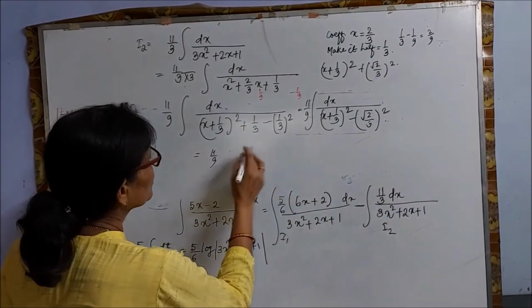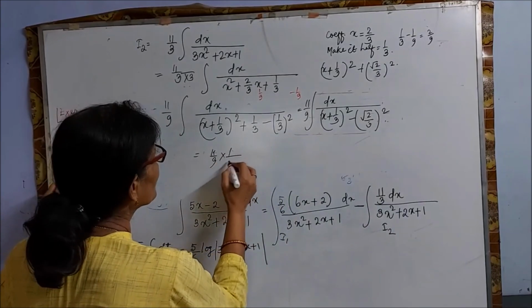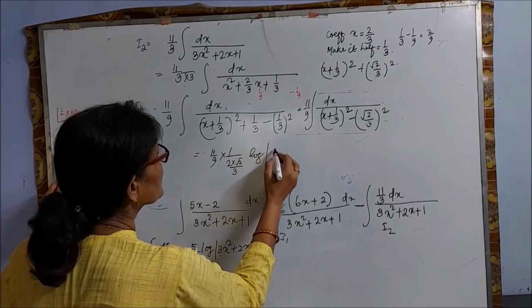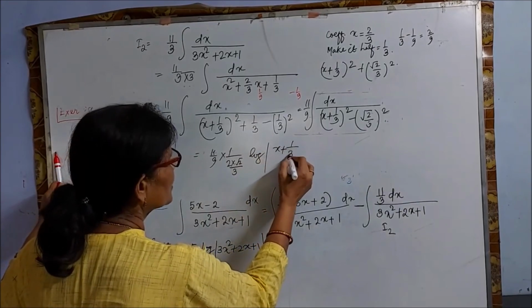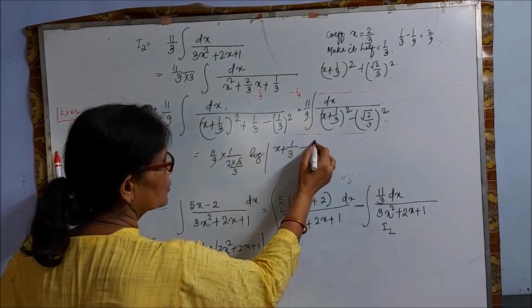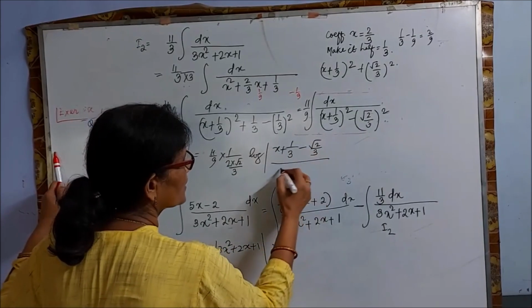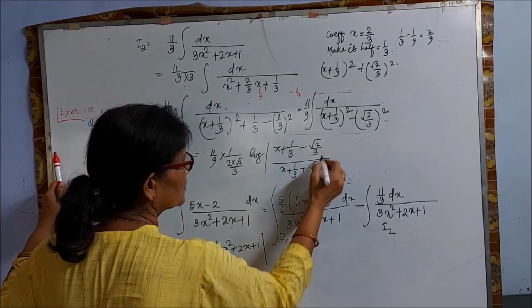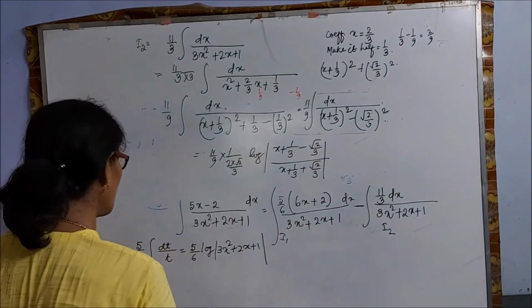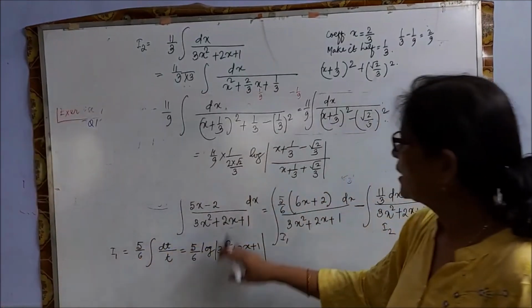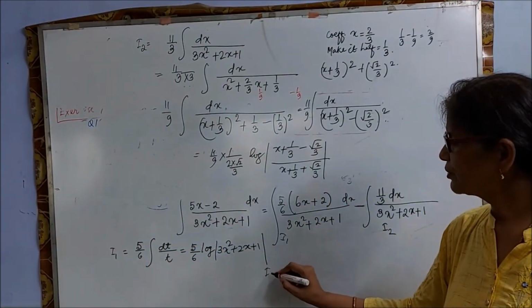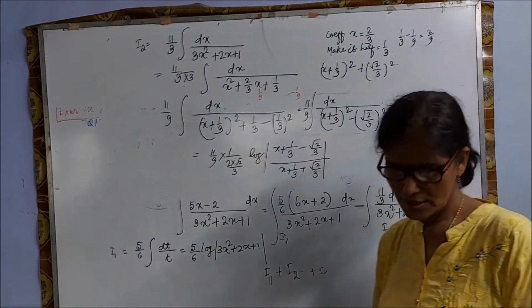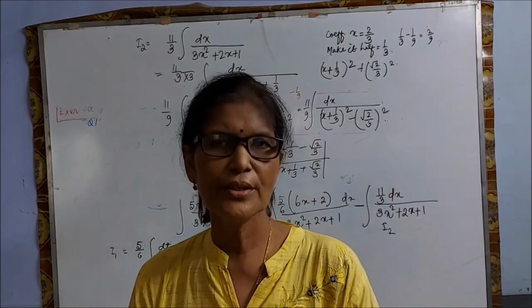Root is not there, so 1 by 2a, that is 2 into root 2 by 3, log of x plus 1 by 3 minus root 2 by 3 by x plus 1 by 3 plus root 2 by 3. Now combine these two. This is I1 and this I2 will be subtracted to get the answer, of course with a C, otherwise it will not be complete.